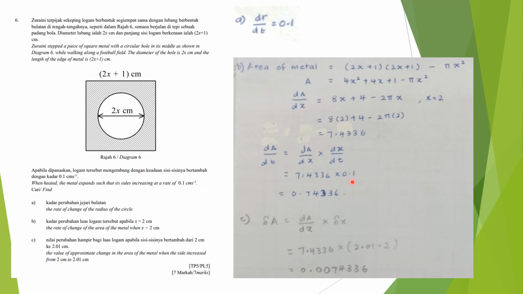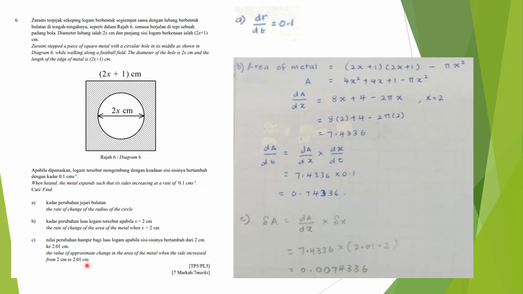So we multiply with 0.1, we will get 0.74336.